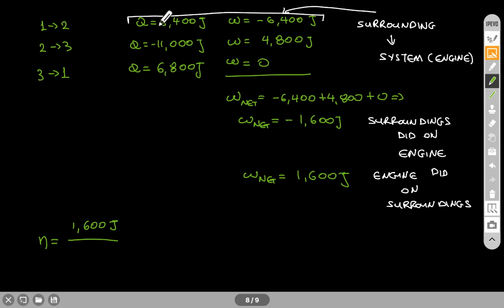Q is what I transfer from the flame, from the burning fuel, to the system. If you see here, from process 1 to 2, Q is positive, 2 to 3, Q is negative, and from 3 to 1, Q is positive. I had a flame, some burning fuel next to the engine to provide heat for processes 1 to 2 and 3 to 1.